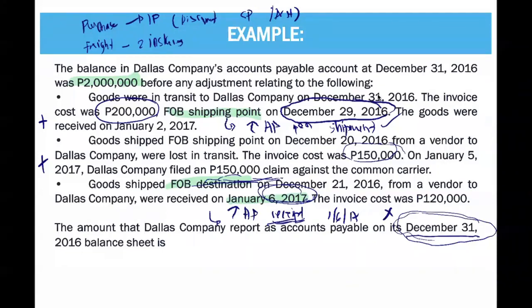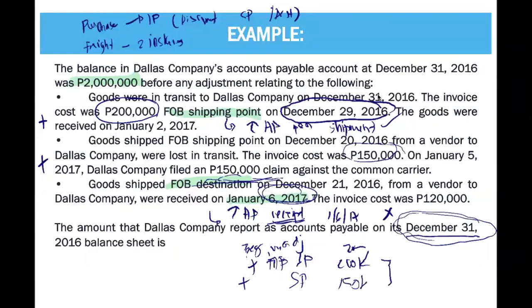So if we are to account for the accounts payable now, we have your beginning unadjusted, 2 million, plus FOB shipping point, 200,000, plus another shipping point, 150,000. So we have 2,350,000. Okay? So just take note of the effects of your purchase as shipping point or destination.